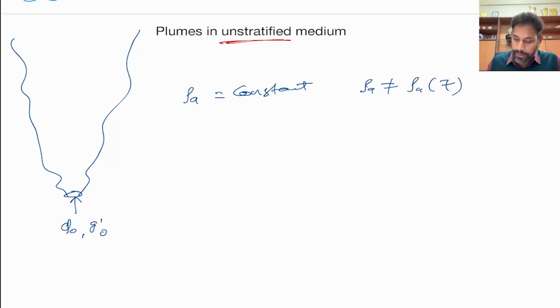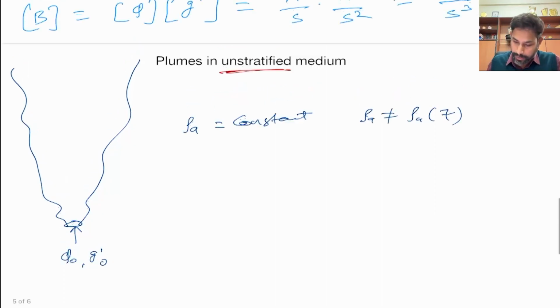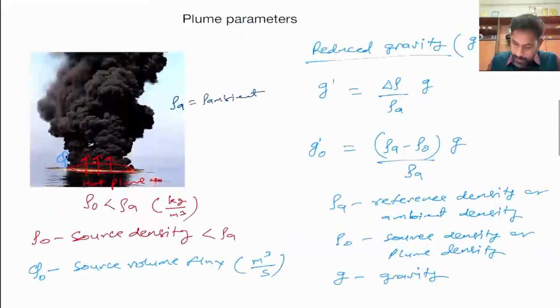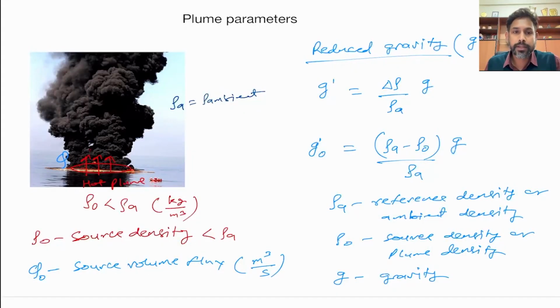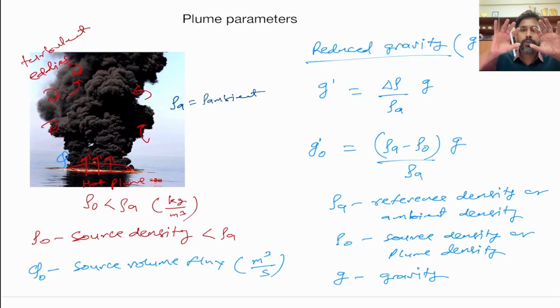Now what exactly is happening here is there is a parameter called entrainment, which is creating turbulent eddies, and through that the hot fluid engulfs ambient fluid and mixes within itself.